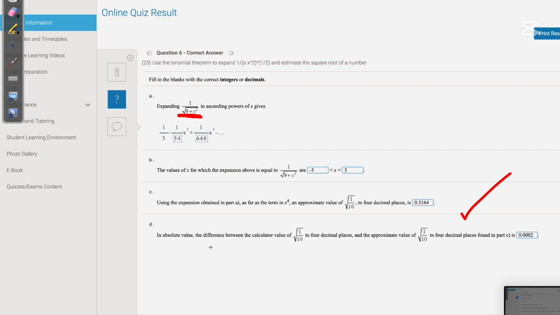In absolute value, the difference between the calculator value, to 4 decimal places, and the approximate value is, so we're going to do 1 over radical 10, which is radical 1 over 10, it's the same thing, minus the answer we got.